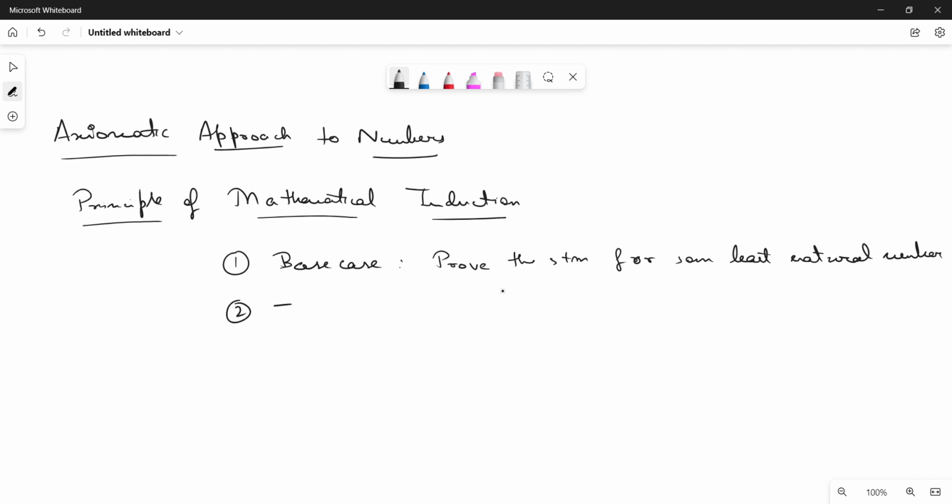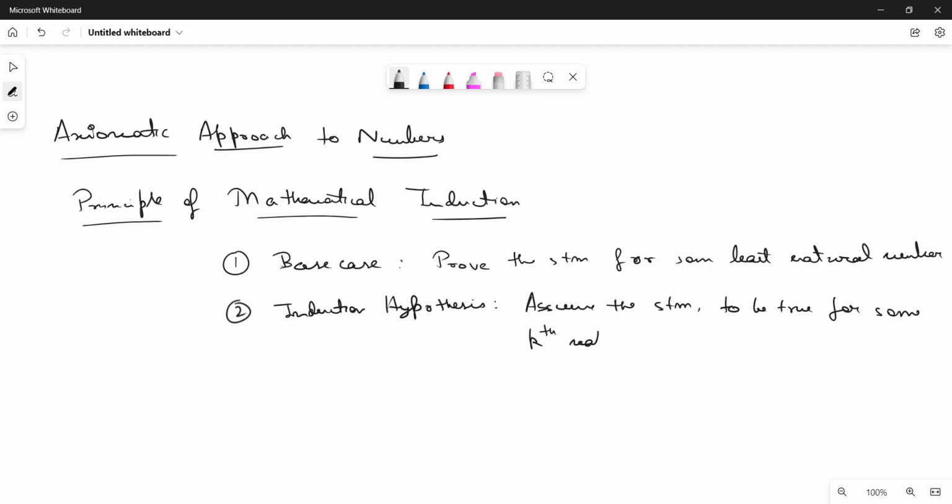Then we have the induction hypothesis, where we assume the statement to be true for some kth natural number, and prove it to be true for the k plus 1th natural number.